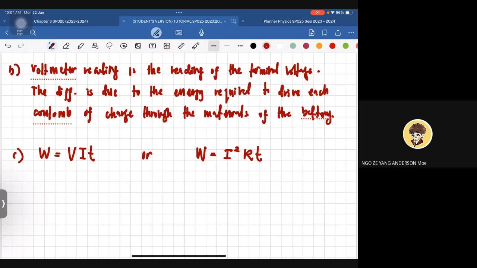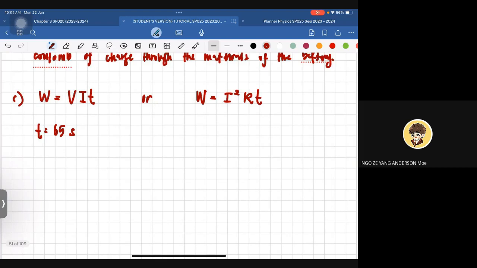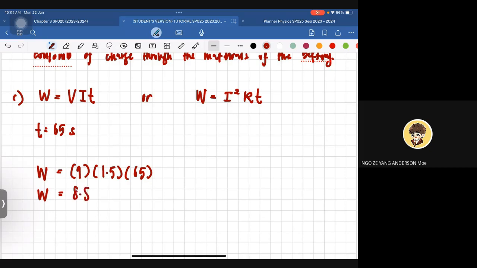Now the value of time is given: after 65 seconds. So you can choose either left or right; the answer should be the same. I'm just going to use the first one. V is equal to 9, current is 1.5, time is 65 seconds. So the work, or energy dissipated, is 8.8 times 10 to the power of 2 joule. Okay, so that is for energy.